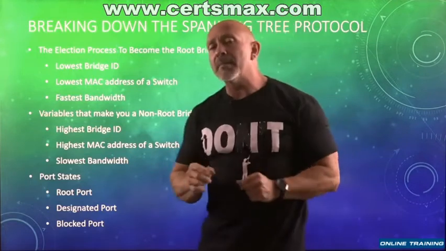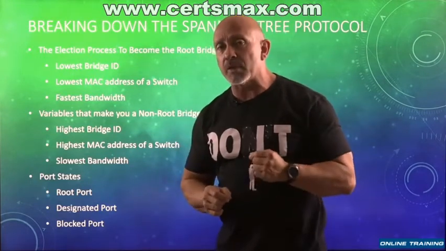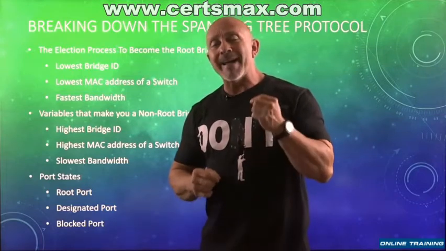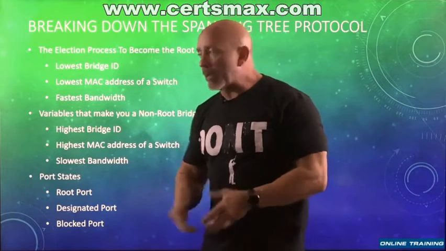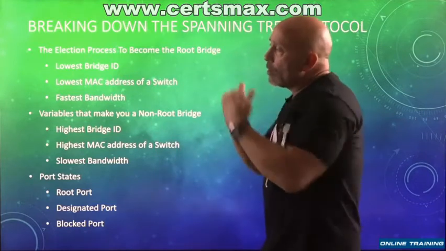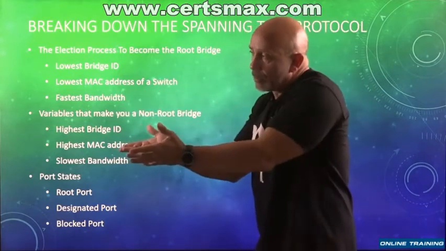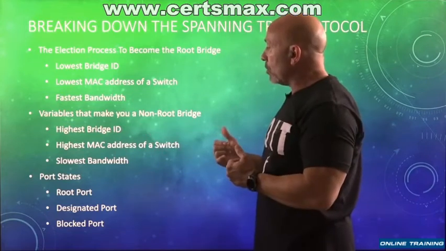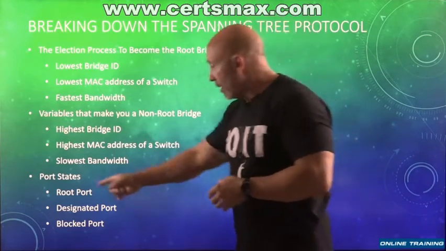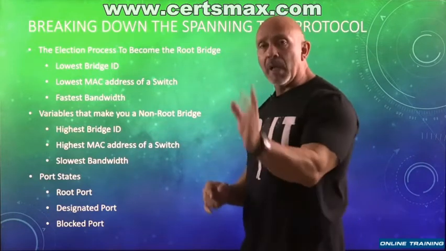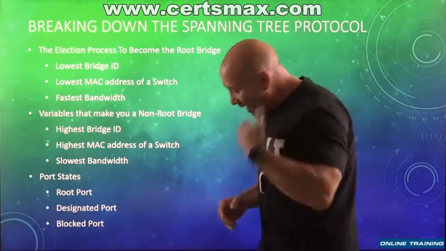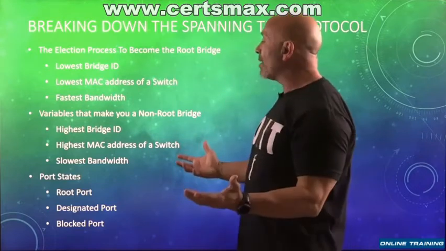Also, we talked about in the previous presentation that switches by nature will keep forwarding and forwarding and forwarding. Now we know I am the root bridge, you're the non-root bridge. So now we have to decide the port states. We need to block a port to stop that forwarding from going on. How is that going to happen?